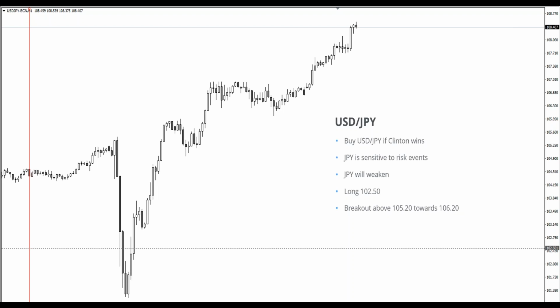And I said, well, because dollar yen is long. Initially it will drop, and this happened. And then, you see, it was from 101, but that was volatility, and it was clear to me that it will be bought.